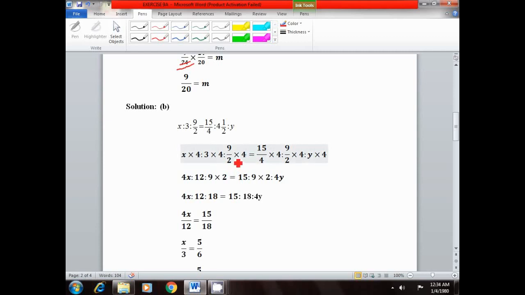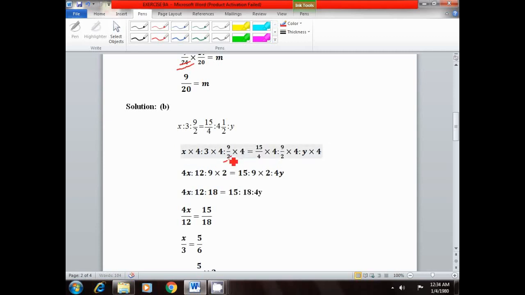So 2 times 1 is 2, and 2 times 2 is 4. Now we can cancel this 4 by 4, and again we have some cancellation. 2 times 1 is 2, and 2 times 2 is 4 : y multiplied by 4.